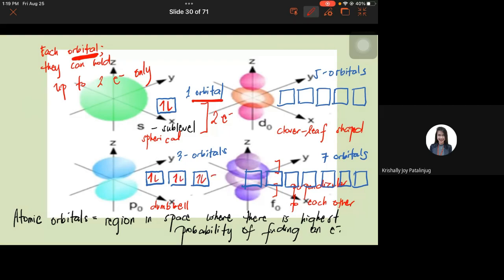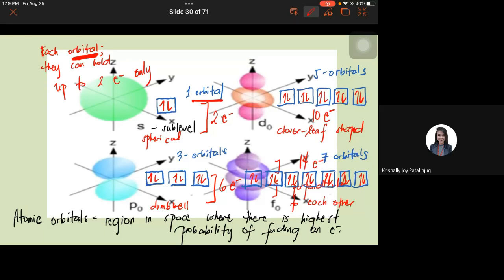So a total of 6 electrons that it can hold for any P subshell. It can hold up to 6 electrons. You tell me for D subshell, a total of how many? Okay, a total of 10 electrons. And lastly, for F subshell, a total of 14. Okay, so 14 electrons. All right.